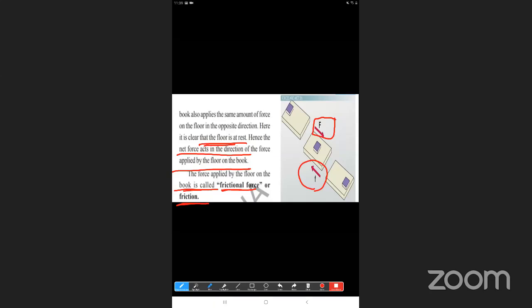Because these two forces, applied force and frictional force, are in opposite directions, the book has stopped after some time. That's why the speed of the book changes gradually. So simply we can call this a frictional force or friction.